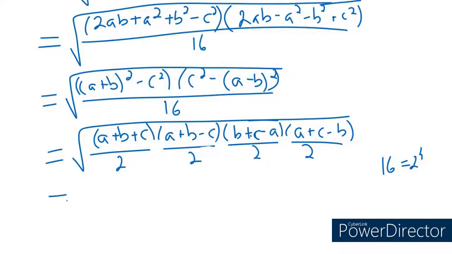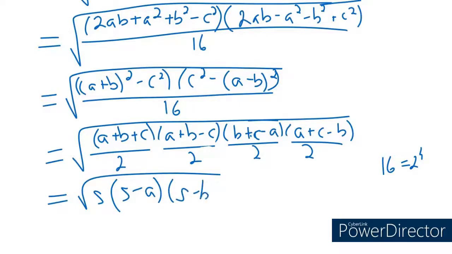That's the semi-perimeter. So we get s for that. A plus b minus c over 2 is going to equal s minus c, right? We can just rearrange this to match our letter order. So s minus a times s minus b times s minus c.